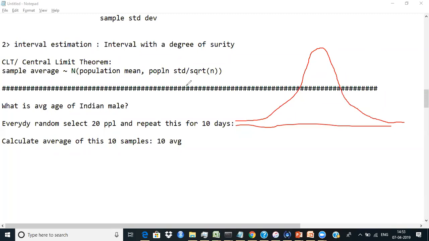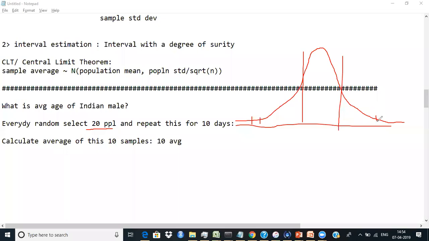Now I am talking about selecting 20 random people every day for 10 days, right? So if you select 20 random people and you are selecting 10 samples, what will happen? Most of your samples will come from this region because this is most frequent. 1 or 2 days you might get a sample which lies somewhere in the extreme. Make sense?